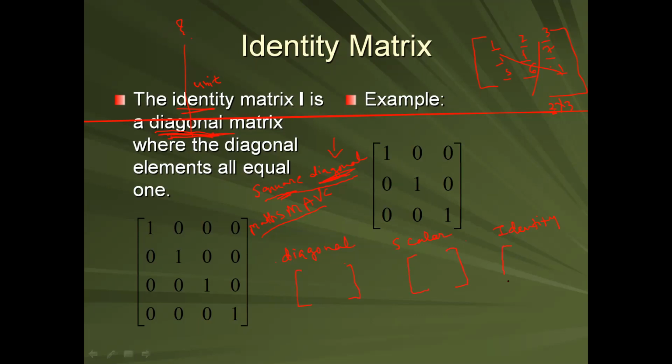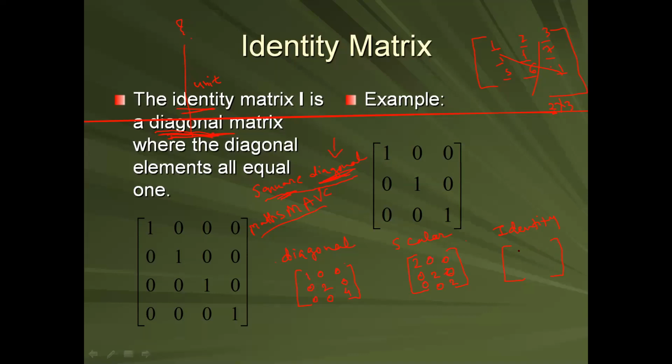All these are square matrices. We are taking a 3 by 3 example. Now, 1 0 0, 0 2 0, 0 0 4. Scalar is 2 0 0, 0 2 0, 0 0 2.